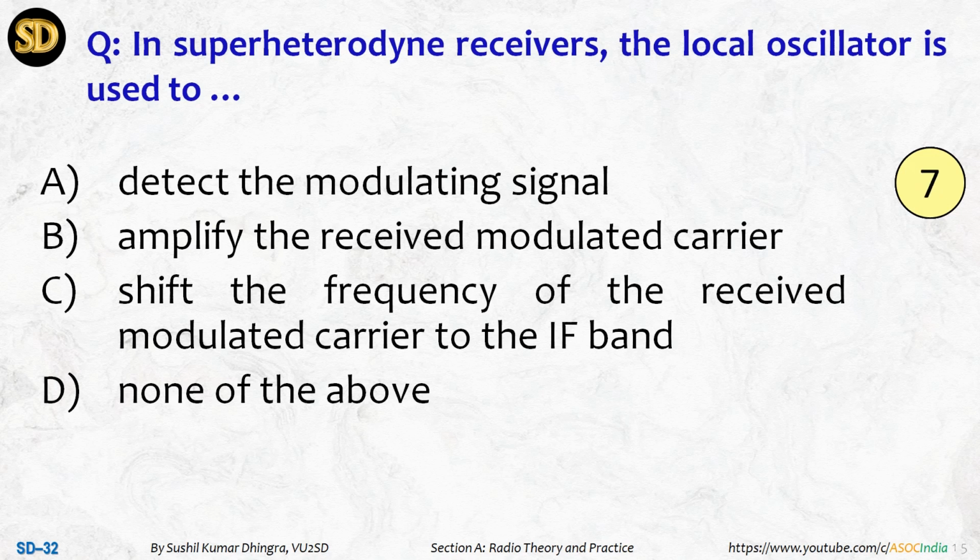Local oscillator is used to shift the frequency of the received modulated signal to the IF band, or IF frequency at 455 kHz, a fixed value. We are using the local oscillator to bring the incoming frequency to a constant IF frequency so that other stages work smoothly and uniformly.